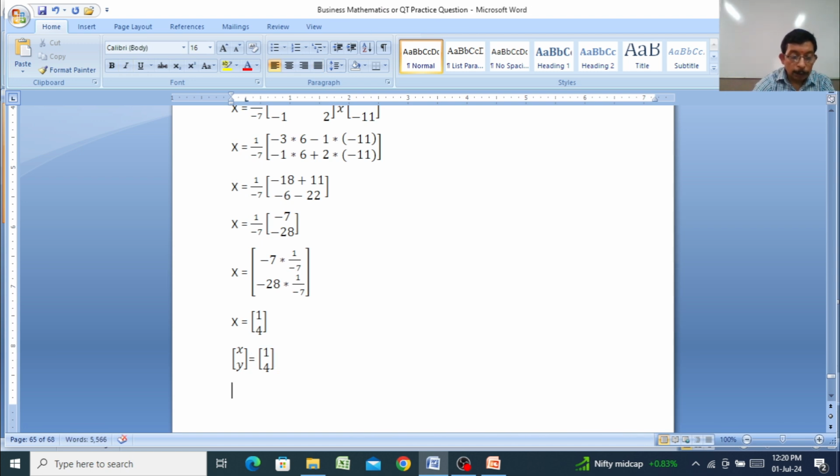We get x is equal to 1 and y is equal to 4. This is the answer of the given equation. Is it clear, everyone?